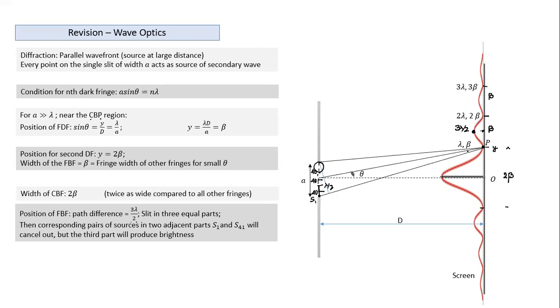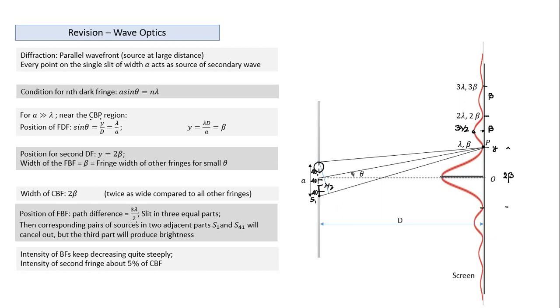That's the logic here. The intensity of the bright fringes decreases quite steeply, and the intensity of the first bright fringe is about 5% of the central bright fringe. You don't have to memorize it, but you get an idea why it is lower. What is important is to understand why subsequent bright fringes have lower intensity.